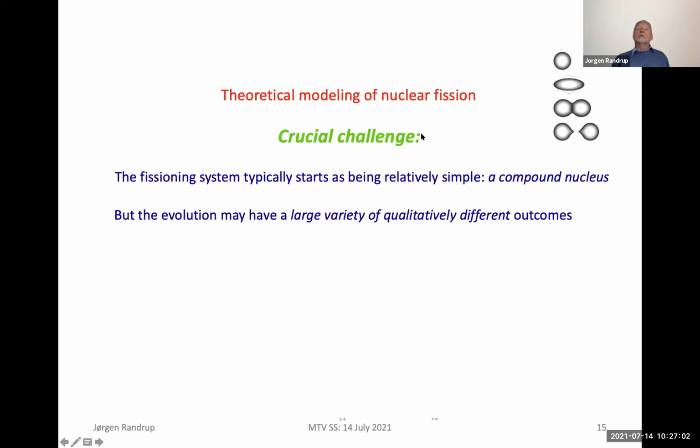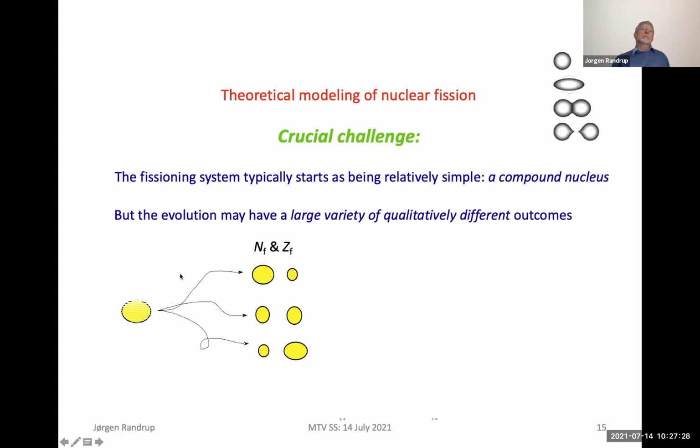There's one particular feature of this kind of problem that is a big challenge to theory. And that is that you start from a relatively simple system, a compound nucleus. But you could do so many different things that you can't just solve a normal equation of motion where you have one initial condition and one final state, because you get so many things.